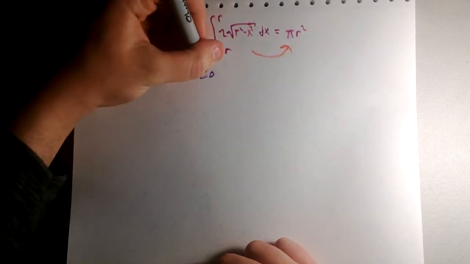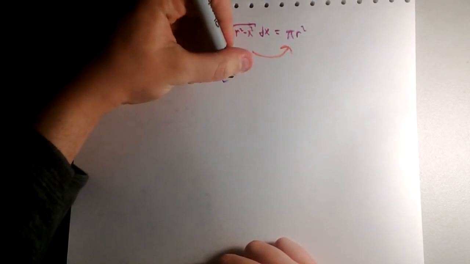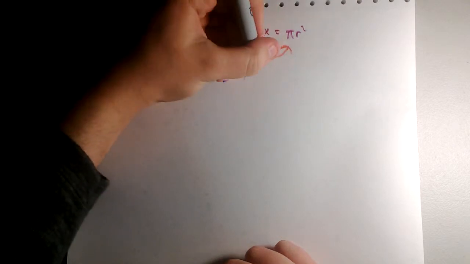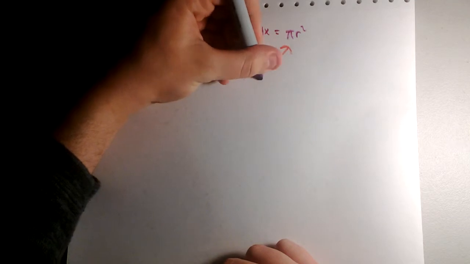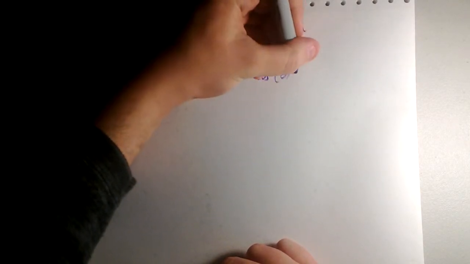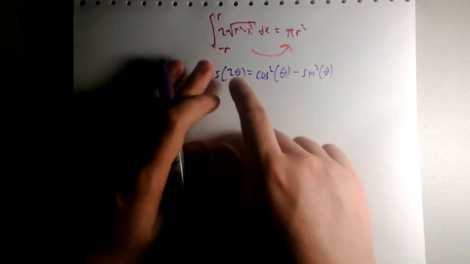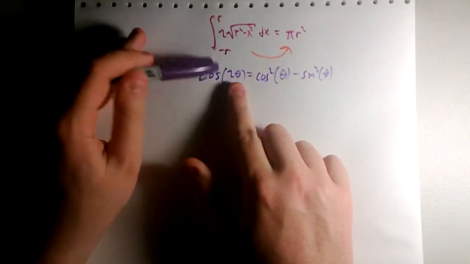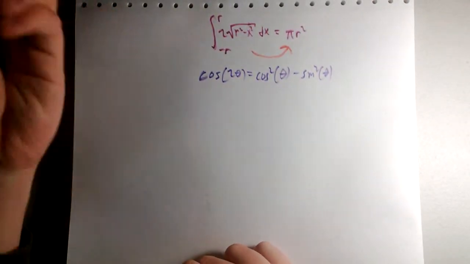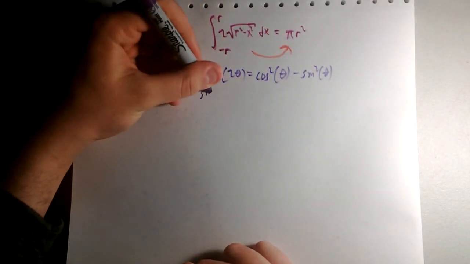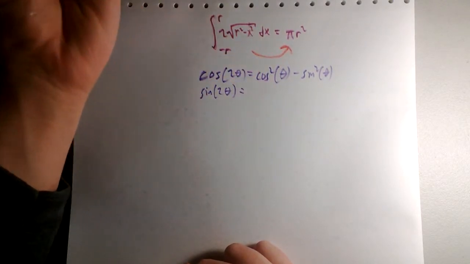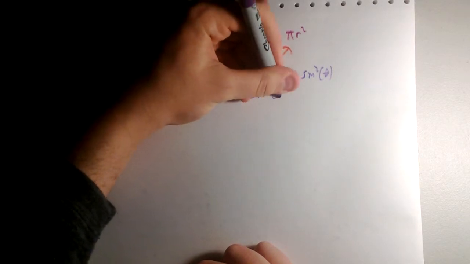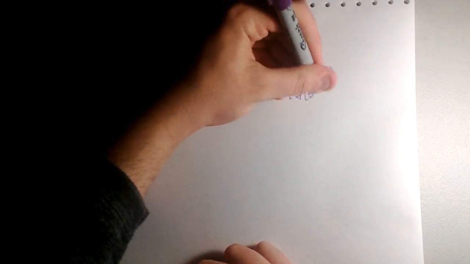Here's the first one. All right, this one's big. It's very important. It's the double angle formula. It says that cosine of 2 times an angle is the same as cosine squared of the regular angle minus sine squared of the regular angle. That's an interesting result that relates 2 times an angle to a single angle. We can also use this: sine of 2 theta is equal to 2 sine theta cosine theta.